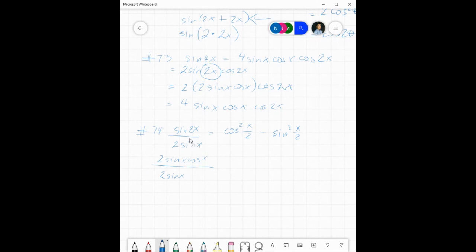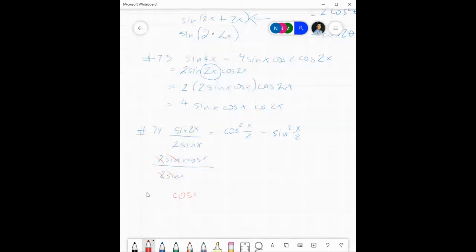So on the denominator, you just have sine x. So you can cancel stuff here. You can cancel the 2, and you can cancel the sine. Is that okay? Okay. So now what you have is cosine x, right?